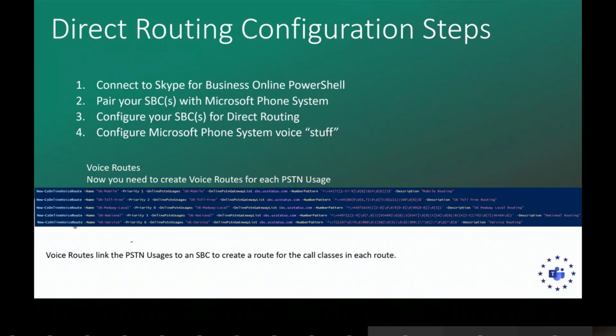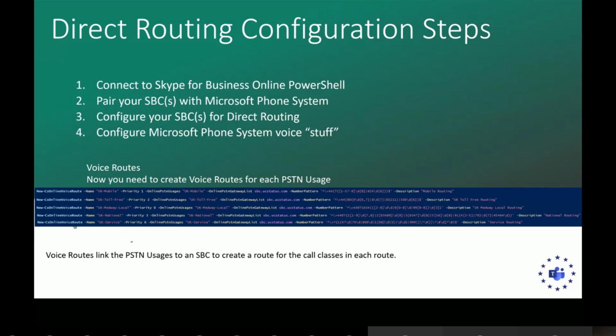You can create as many voice routes as you want for your PSTN usage. As you can see, it's New-CsOnlineVoiceRoute, and that ties, as a container, the UK-mobile, and then it ties to a PSTN usage of the same name, and then it uses the online PSTN gateway list.